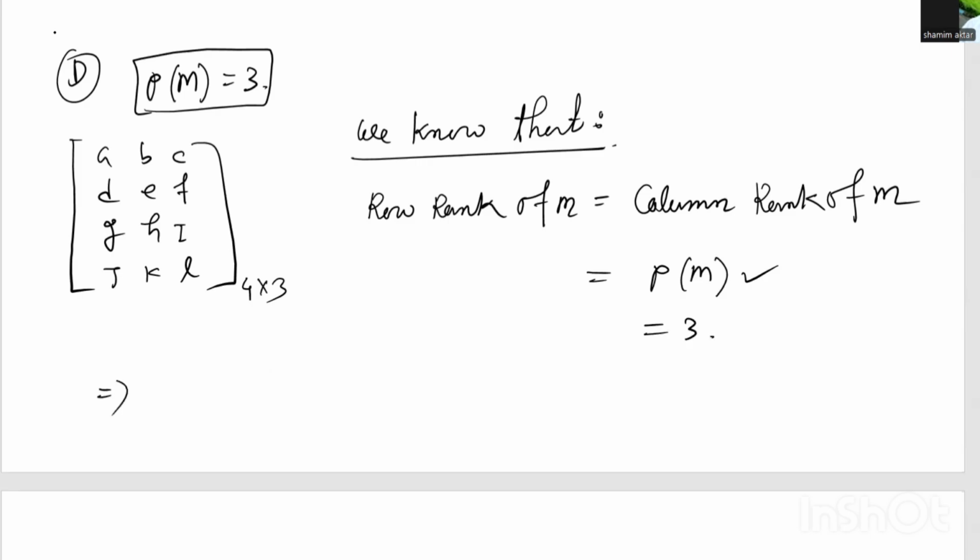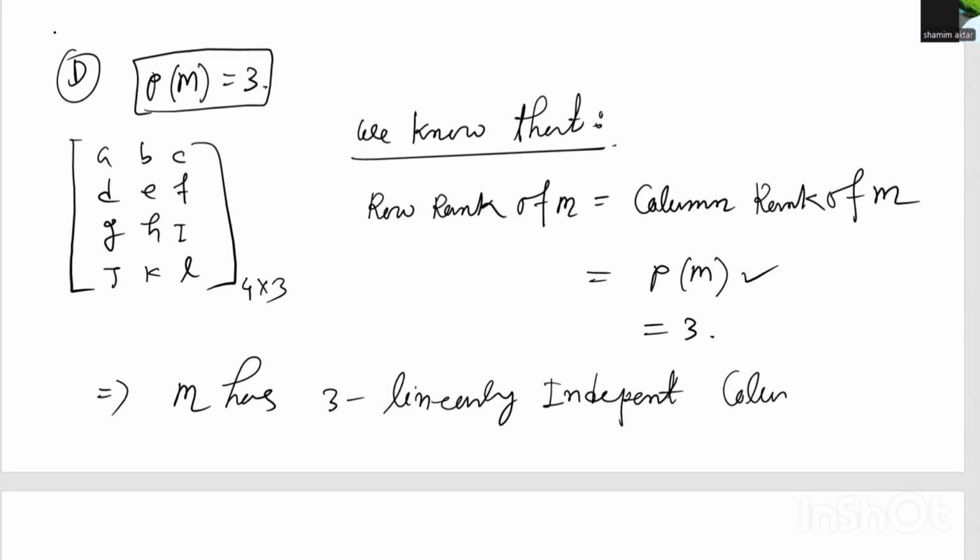That implies M has 3 linearly independent columns, so all columns form a linearly independent set.